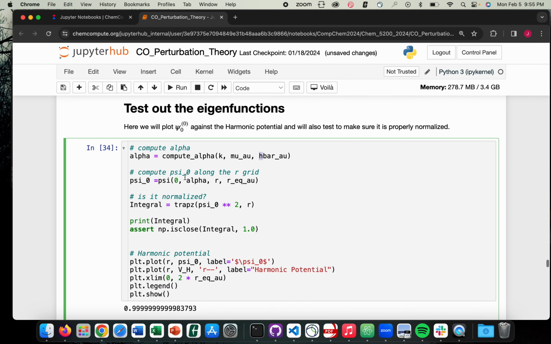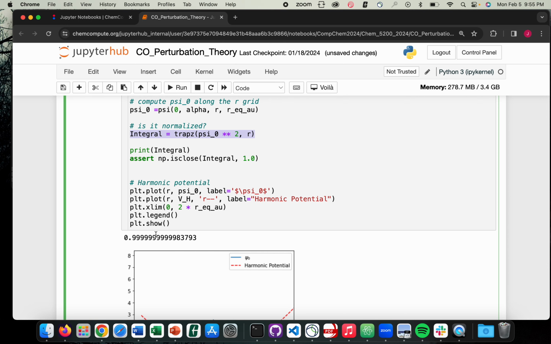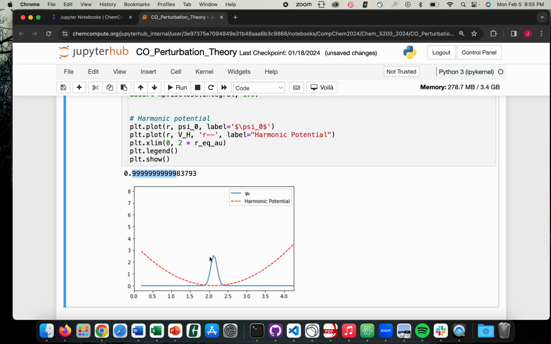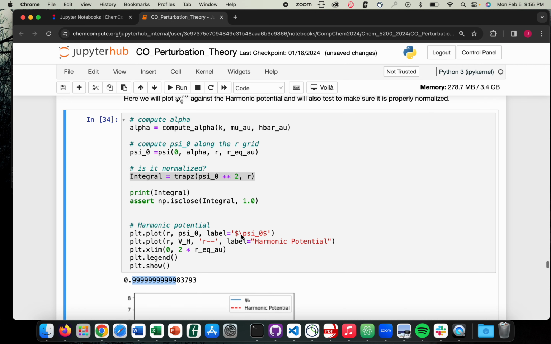Then I computed psi 0, the ground state, 0th order ket, using that value of alpha on this real space grid R. Then I took the integral of psi 0 squared along R. If this is a normalized function, then this integral should be equal to 1. And that's what I find. It's very, very close to 1. So I have a properly normalized psi 0.